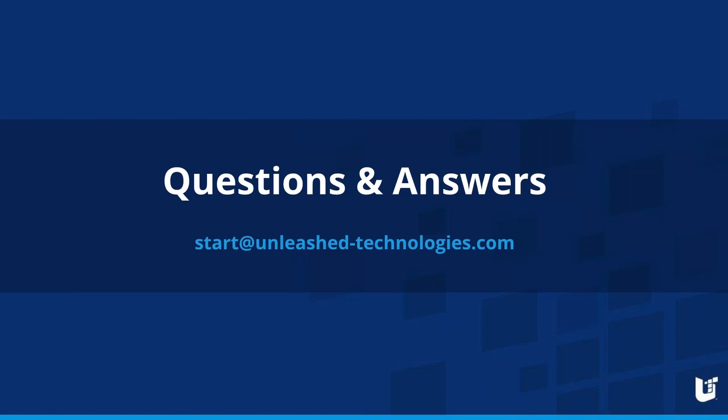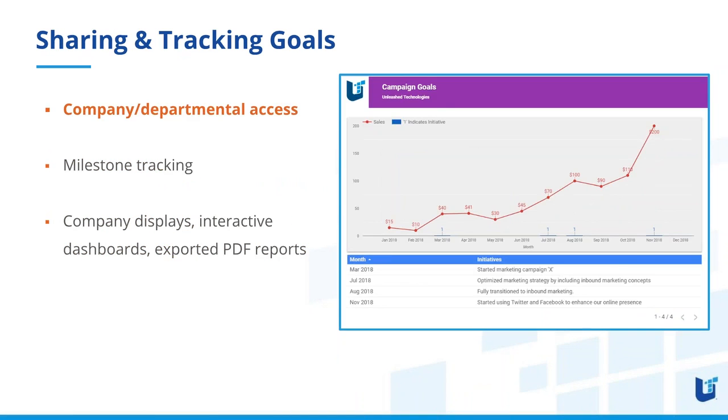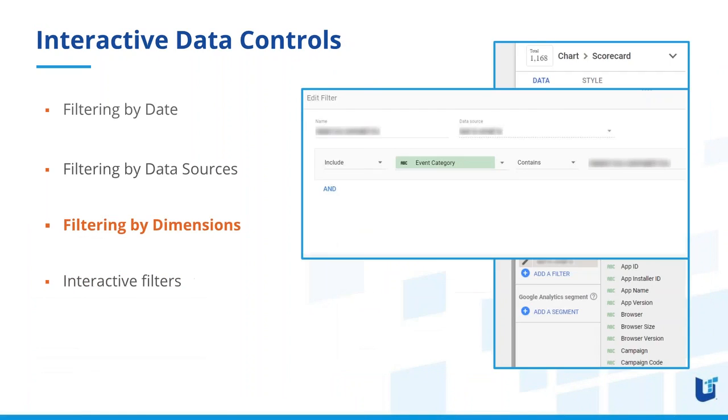Another question comes to us today from Megan, and she asks, is Data Studio limited to online goals, or is there a way to bring offline KPIs and goals into this as well? Great question. I'm actually going to backtrack to one of our previous slides regarding spreadsheets.